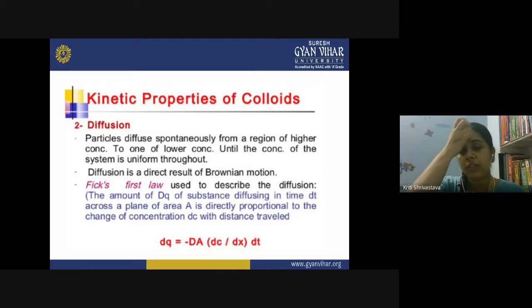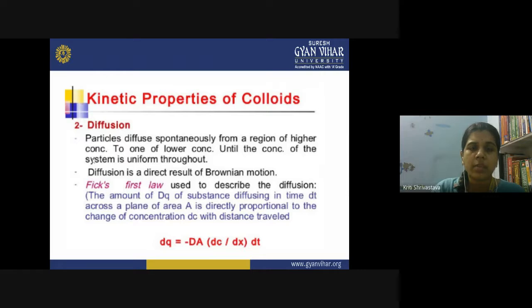Diffusion is actually a direct result of Brownian motion, because the colloidal particles are already moving. So whenever they get a chance, they will move to the region of lower concentration. You need not apply any force here. This is a direct consequence of Brownian motion.